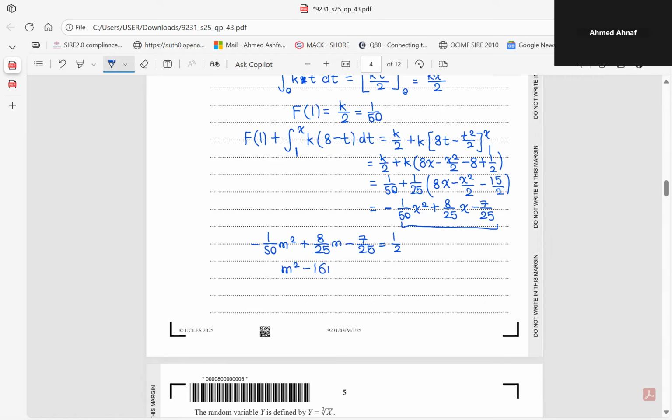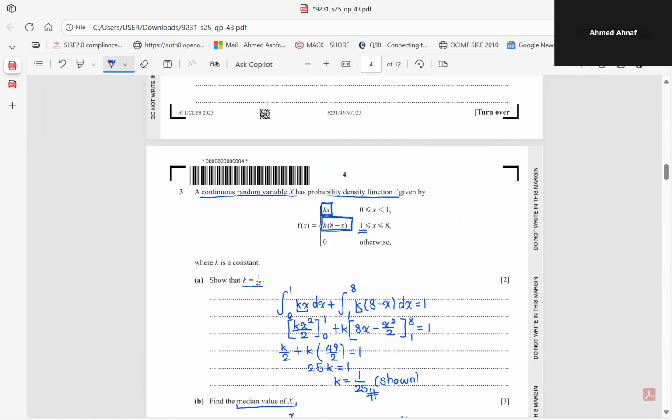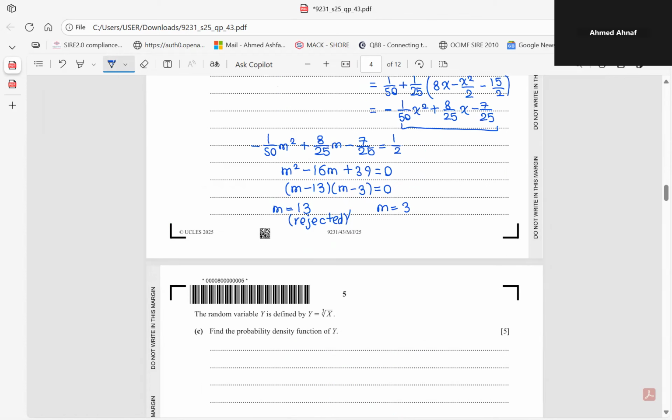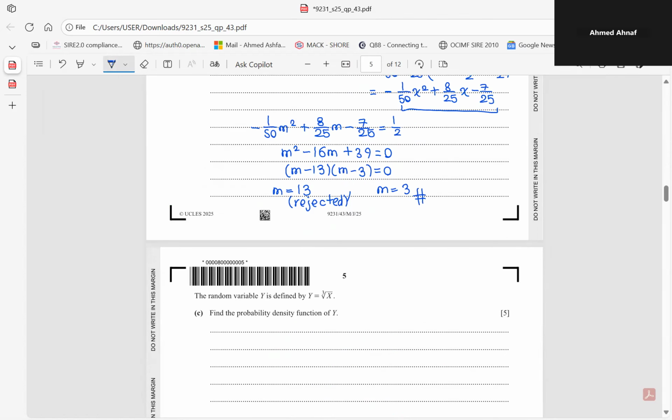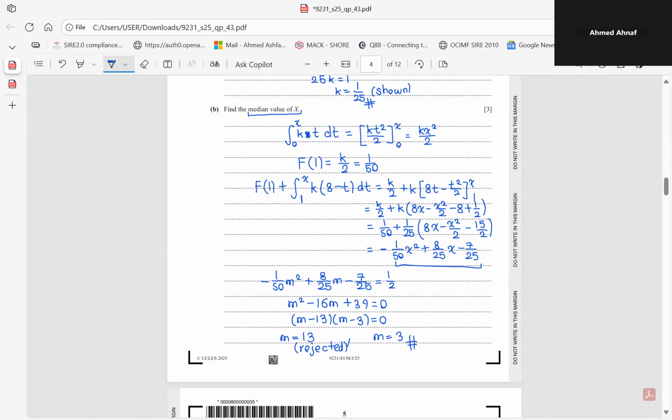You're supposed to get m squared minus 16m plus 39 equals 0. Solving this, you get (m minus 13) times (m minus 3). You get two solutions, m equals 13 and m equals 3. We should reject m equals 13 because it is not within our range, since the max value of x is only 8. So this would be our final answer for part B.